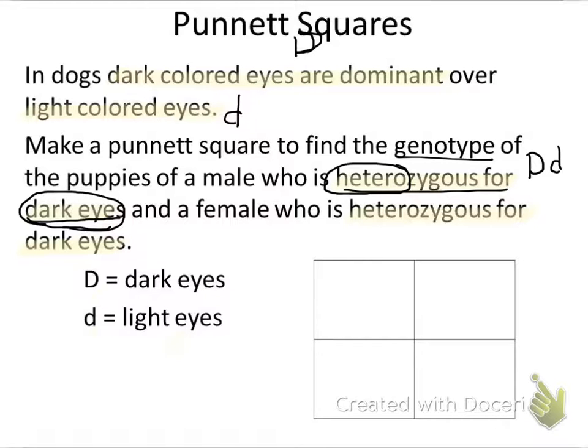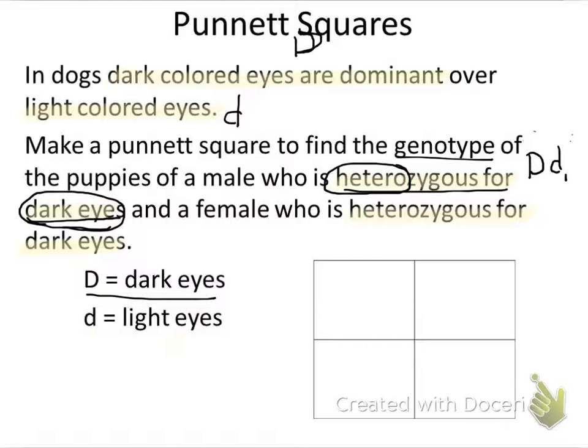I know that because if his eyes are dark, he must have at least one dominant gene, which is the dark eyes. If he's heterozygous, it means his two alleles are different. So that means he must have a capital D and a lowercase d and dark eyes.